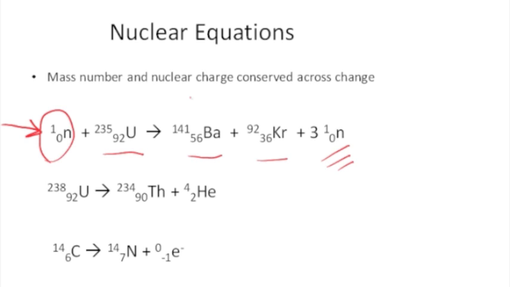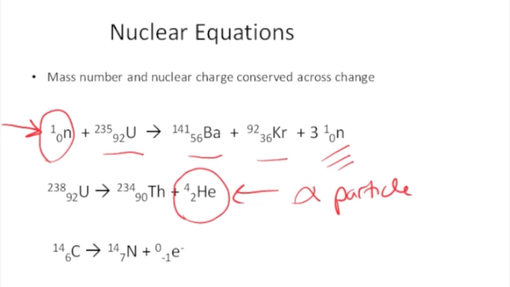Now, radioactive decay is an example right here. This is where uranium-238, which is an unstable isotope, spontaneously spits off a little bit of its nucleus. In this case, it is a helium nucleus splitting off the uranium-238 nucleus to give thorium. This particle is called an alpha particle.